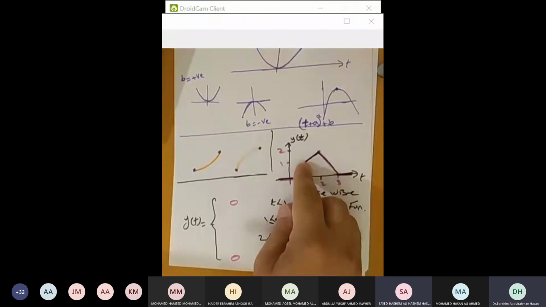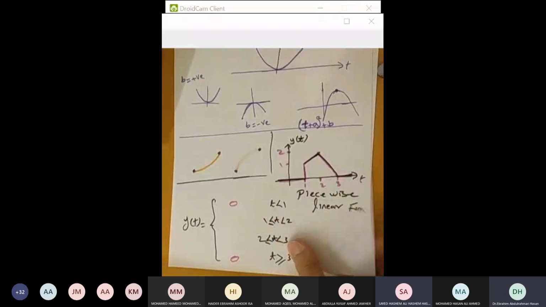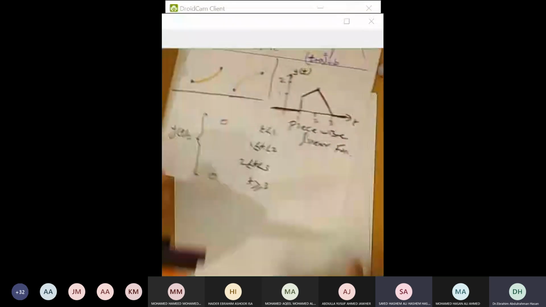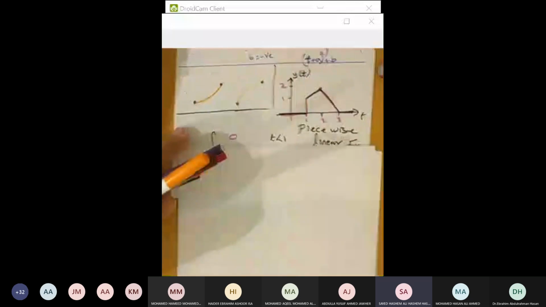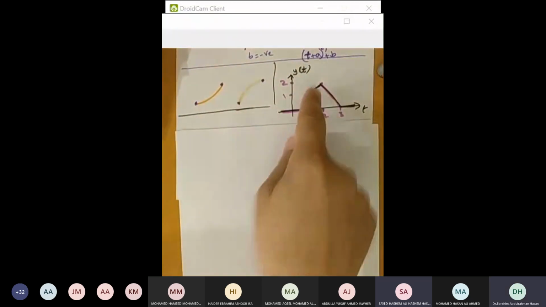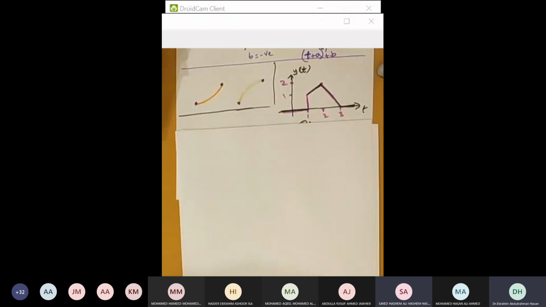What's about this and this one? أي form نستخدمه. How to find the equation for this line? By finding the slope.